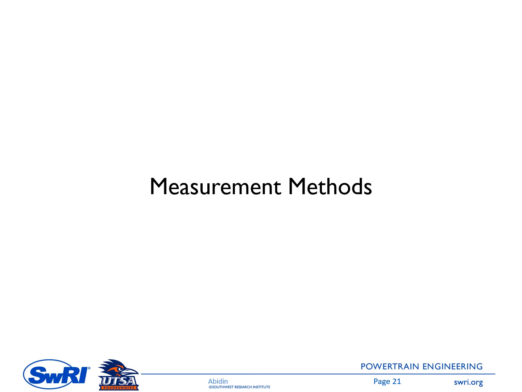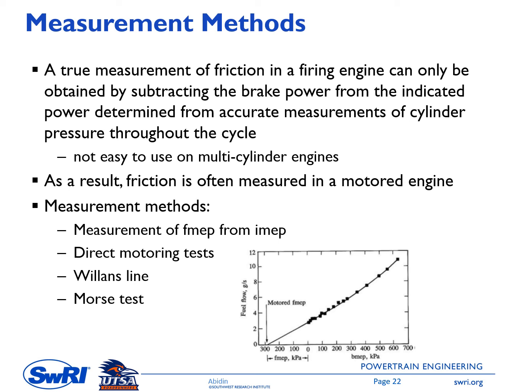Next topic is measurement methods. A true measurement of friction in a firing engine can only be obtained by subtracting the brake power from the indicated power, determined from accurate measurement of cylinder pressure through the cycle.